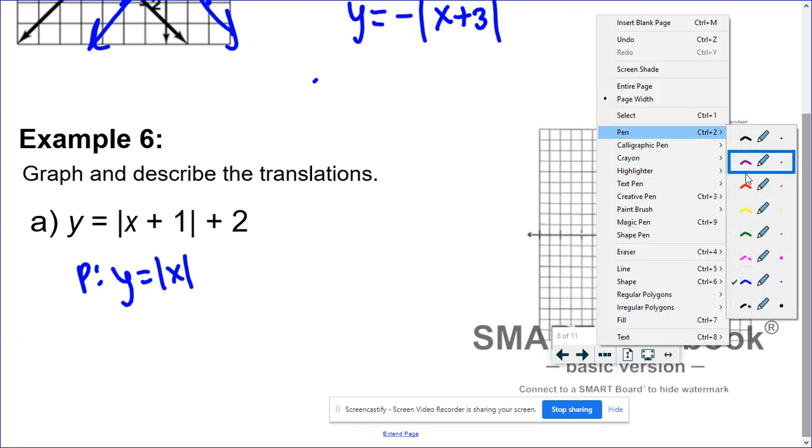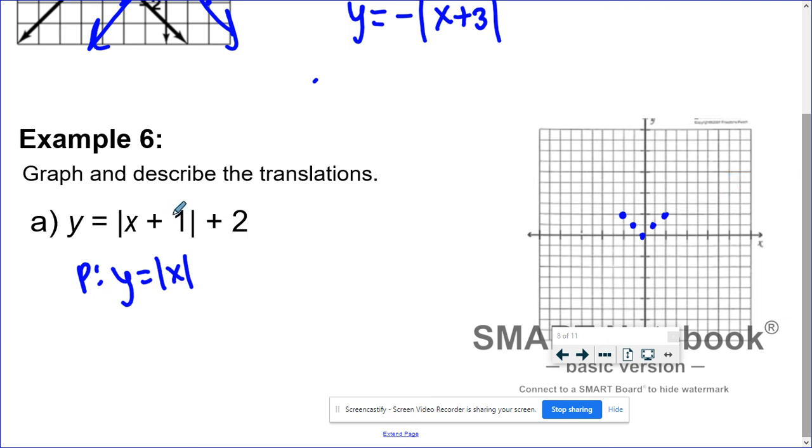And then let's take a note of what's happening. So the +1 on the inside means left 1. The +2 on the outside means up 2. So I'm going to take every one of those blue points and go left 1 and up 2. And then from there, that is the graph of the equation that was given.